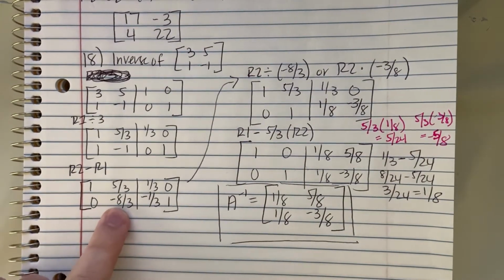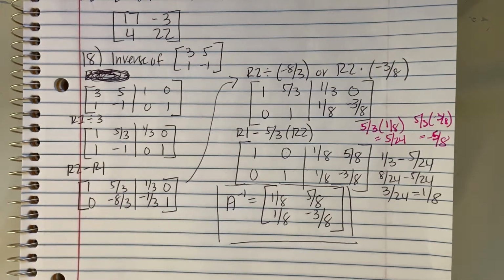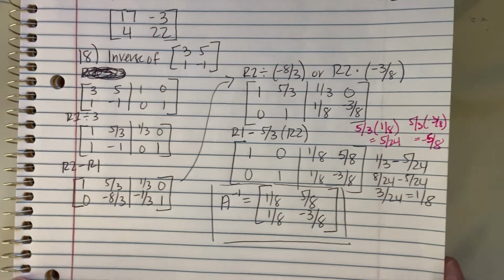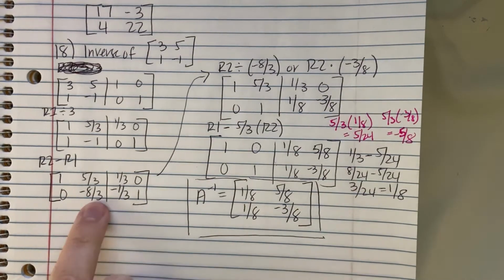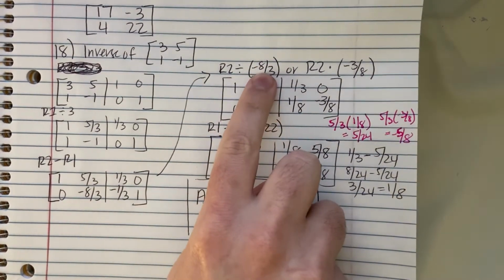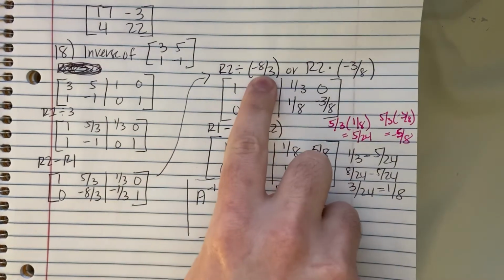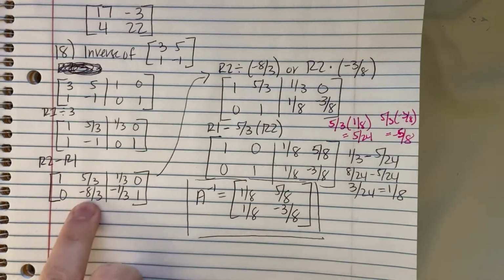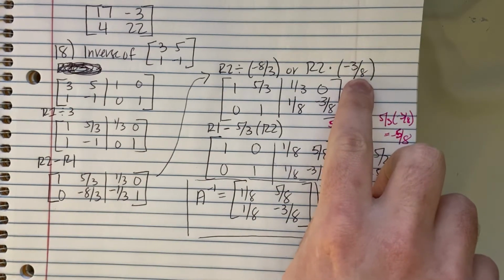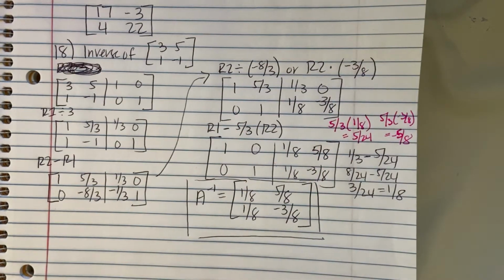My next goal is, again, to get the diagonals to be 1, which is kind of unpleasant in this problem because we have a -8/3. But remember, to get to 1, you take anything and you divide it by itself. So -8/3 divided by -8/3, or you can multiply by the reciprocal. So -8/3 times -3/8. Either way, you get the same answer.